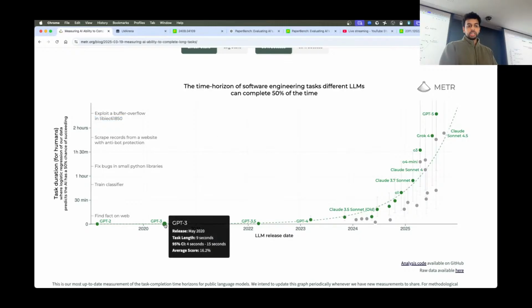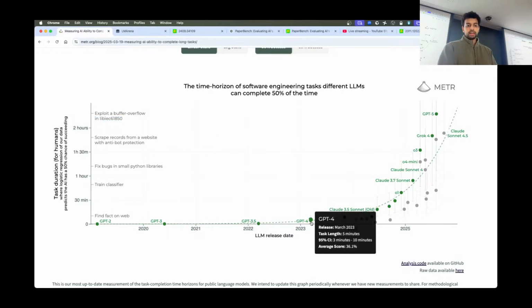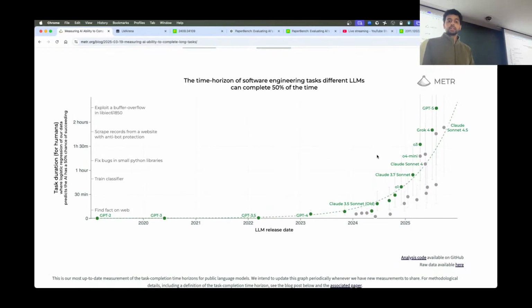GPT-3, GPT-3.5, and 4 were not capable of even the smallest time horizon tasks here. But as things improved, now GPT-5 can exploit this buffer overflow and do all of these other tasks. It'd be interesting to correlate this with the number of job openings for software engineers. Probably you can see quite a stark correlation there.